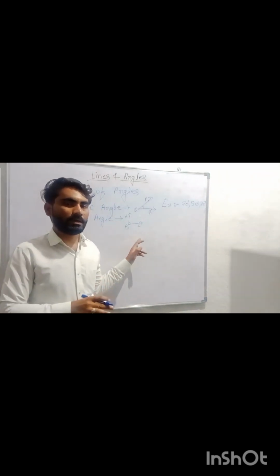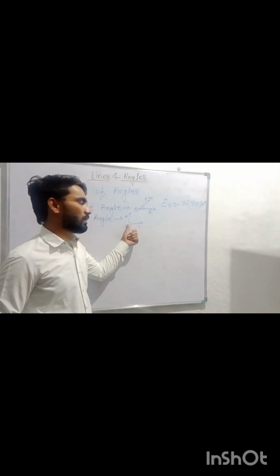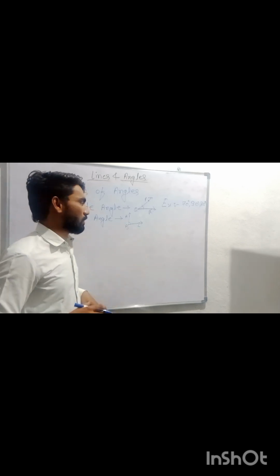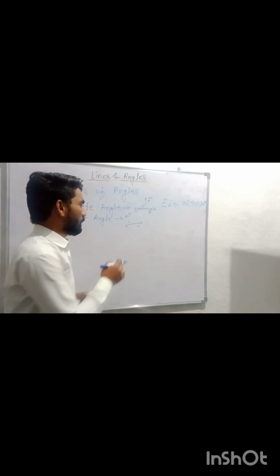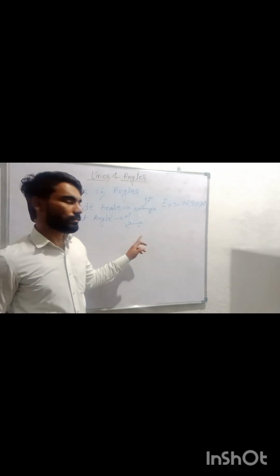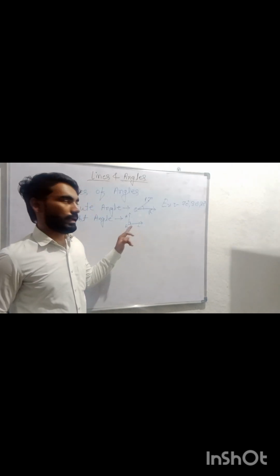But do remember, dear students, we cannot use the usual arc symbol for a right angle, because a right angle has a special symbol. Which is the special symbol? You can see here. This symbol we use for a right angle.